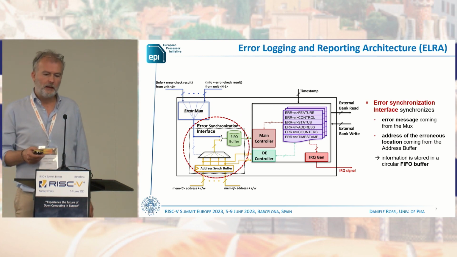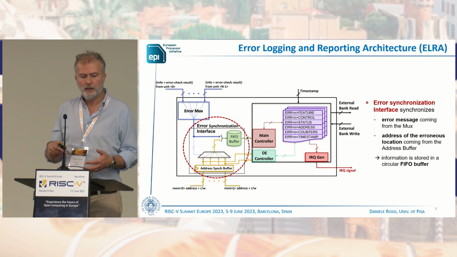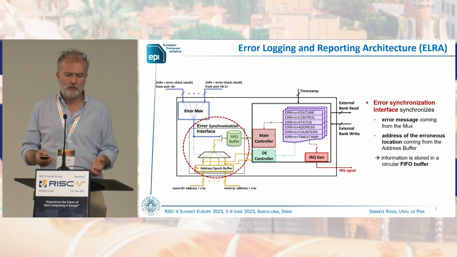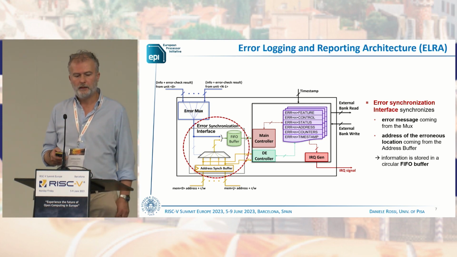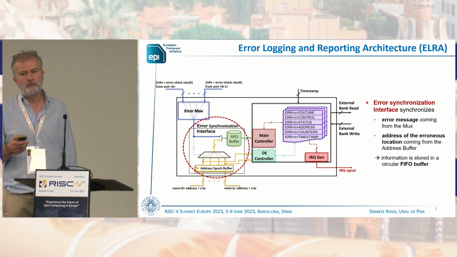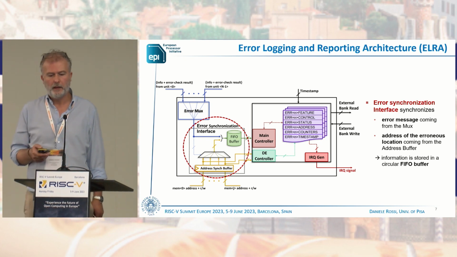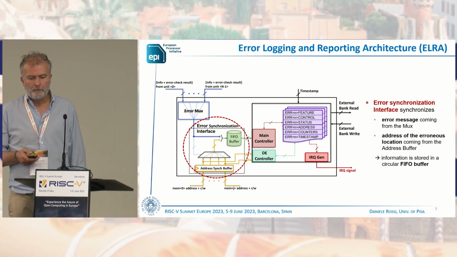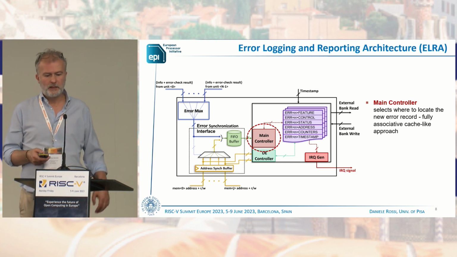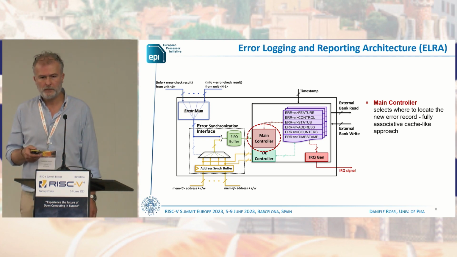And this error message needs to be properly paired with the address of the location including the erroneous data. Okay? And this message is then stored in a kind of FIFO buffer, which provides some buffering and queuing ability. Then we need to properly store this error message within our set of memory mapped registers.